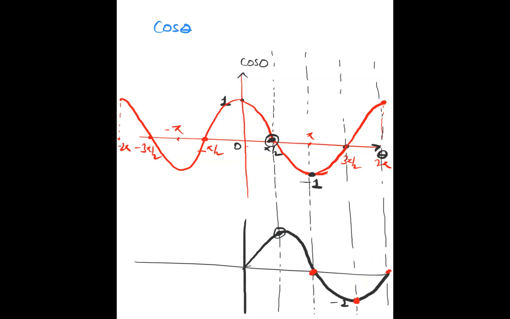So basically, the sine function is somewhat behind. Who is ahead? Is cos ahead or sine ahead? I think cos is ahead. Sine is 0, cos is 1. Sine is 1, cos is 0. Sine is 0, cos is minus 1.